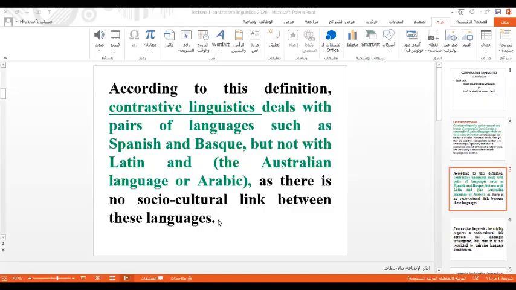But if you employ comparative linguistics for the interests of teaching English or teaching Arabic, you come out to contrastive linguistics, because contrastive linguistics deals with teaching. And comparative linguistics deals with languages which are not linked together culturally.